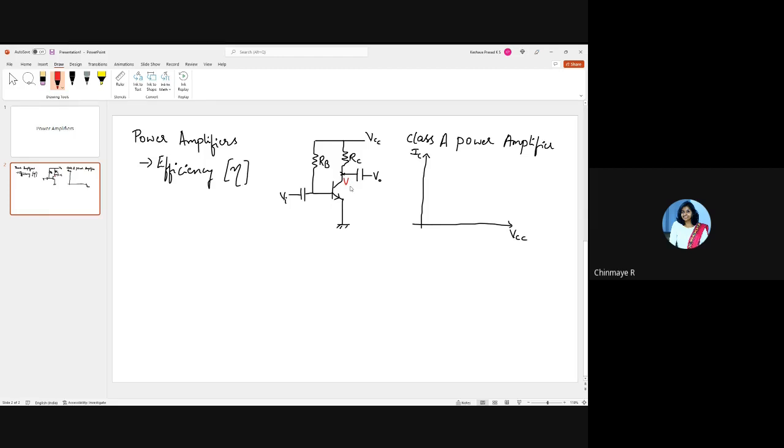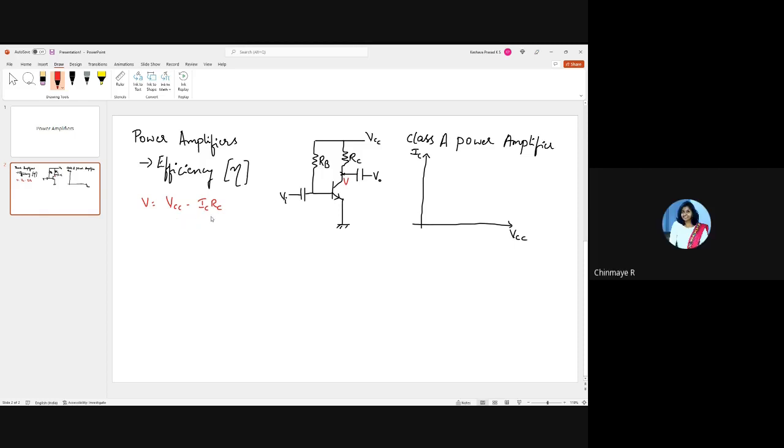Yes, ma'am. So what is the maximum voltage this can take? I can write this voltage V is equal to VCC minus ICRC. Correct? Look at this equation and tell me the maximum value: VCC, right?